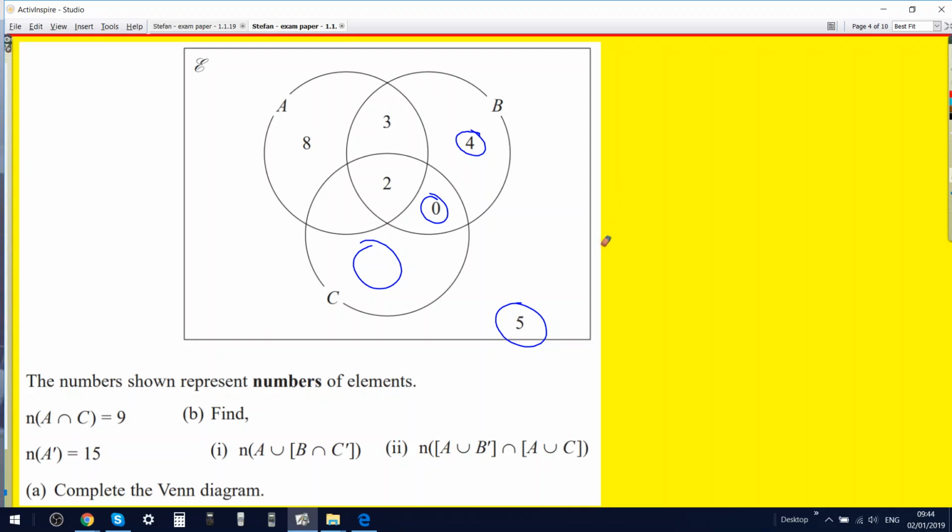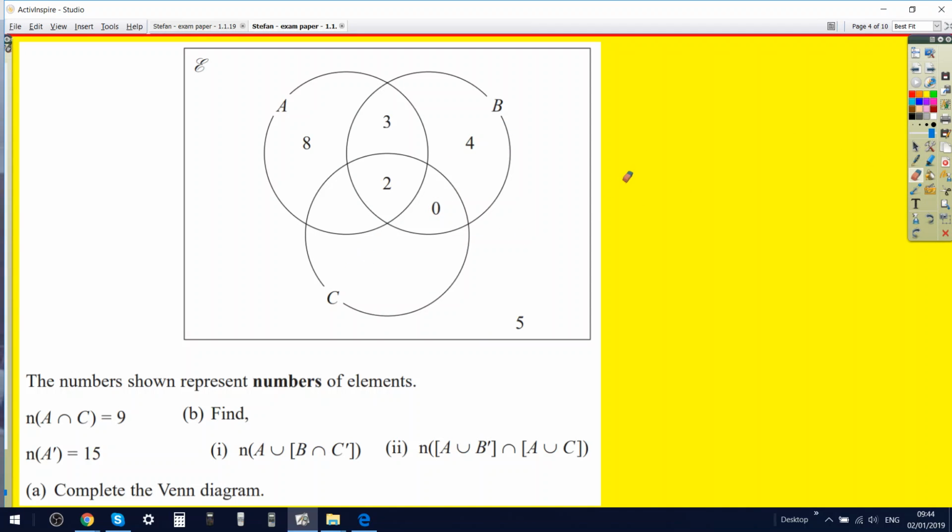So where will it go? I'm not sure. These 3 are already done, so it'd have to be this one. Okay.